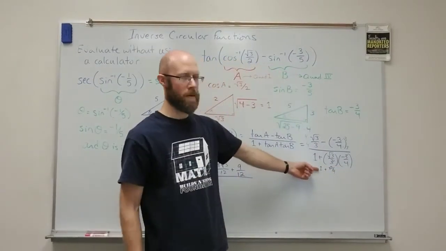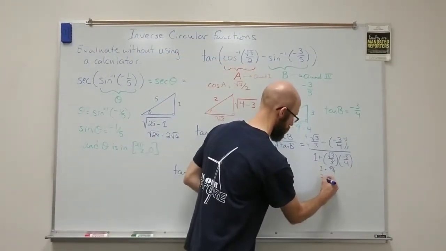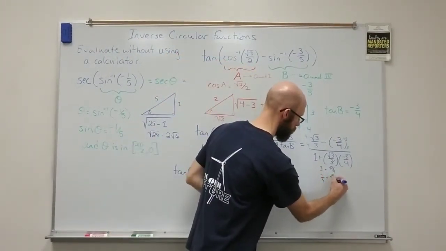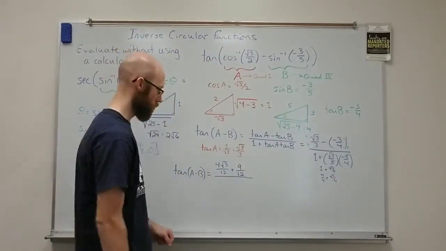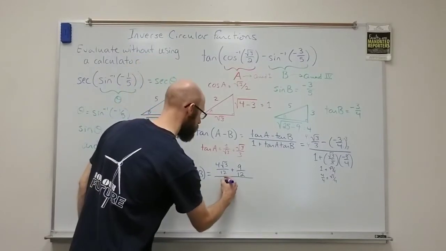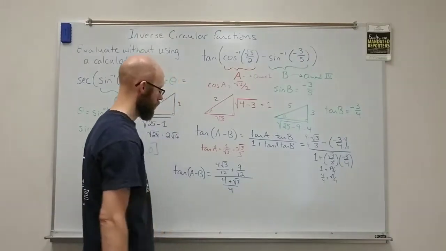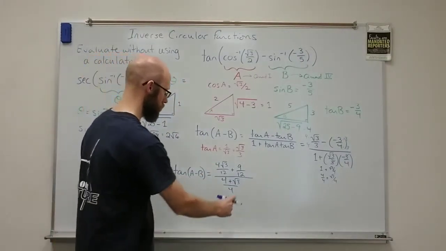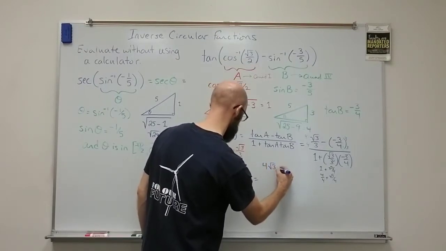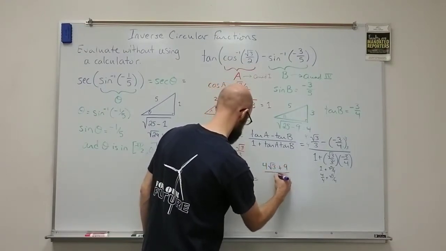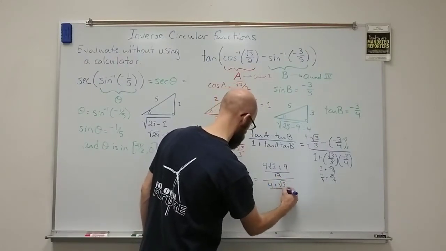To get a common denominator, I want that to be 4 over 4. 4 over 4 plus root 3 over 4. So I'm going to make that 4 plus root 3 all over 4, make it one fraction. And then my numerator here I can make into one fraction as well. That's going to be 4 root 3 plus 9 all over 12, all over 4 plus root 3 all over 4.